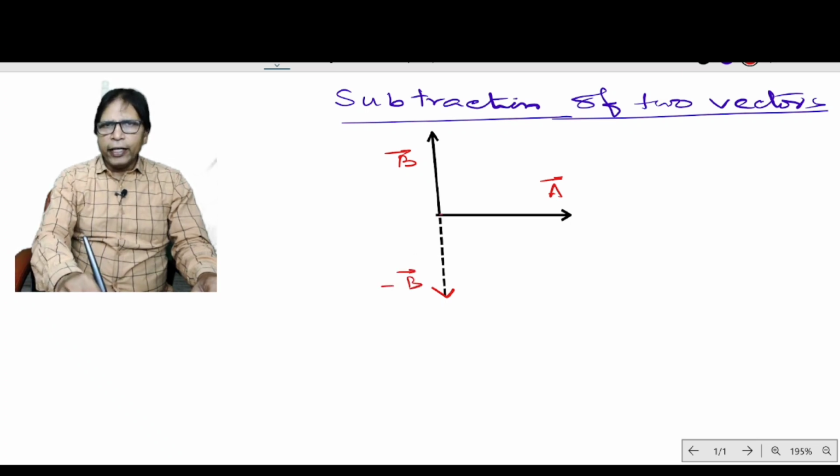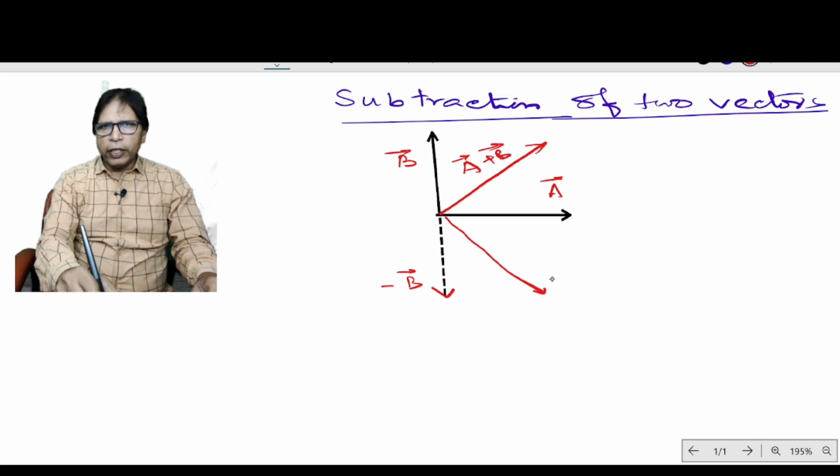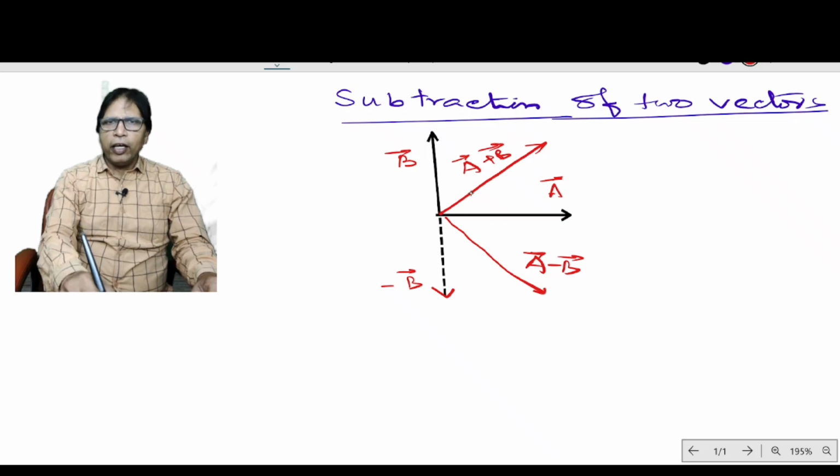So this represents the A vector plus B vector, and this represents the A vector minus the B vector.